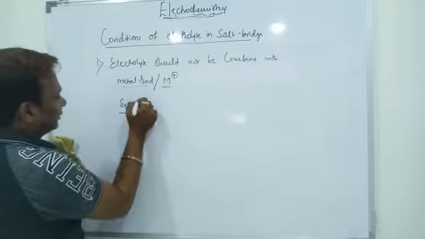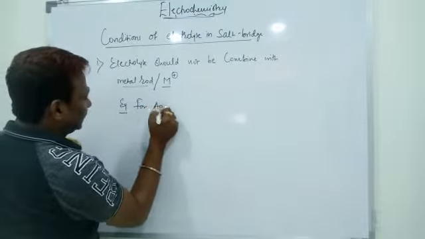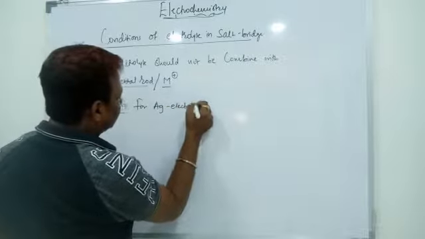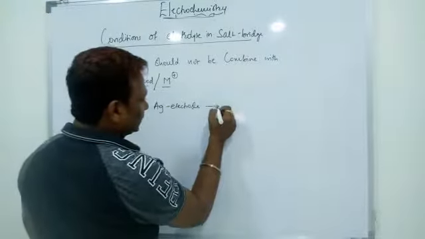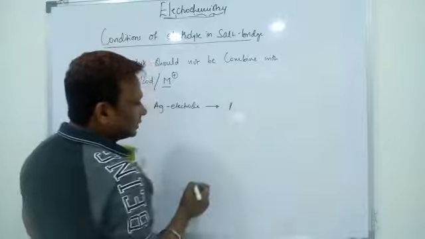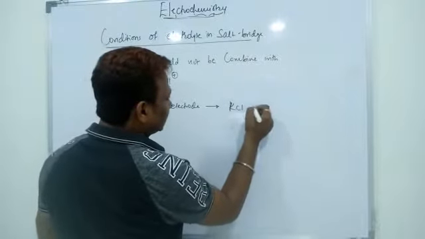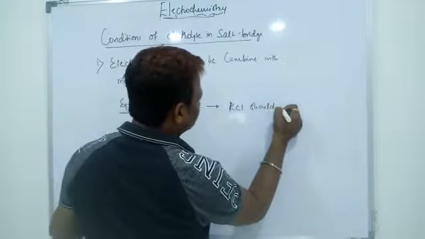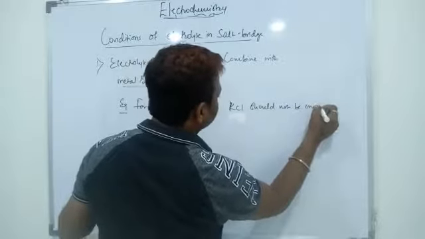Example for silver electrode: what is the electrolyte? For the silver electrode, KCl electrolyte should not be used.